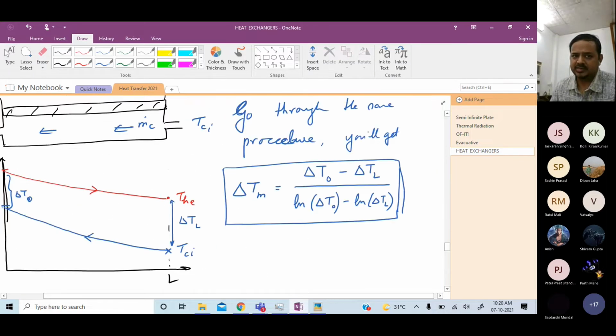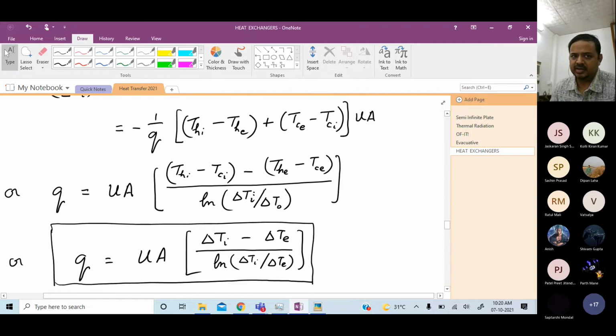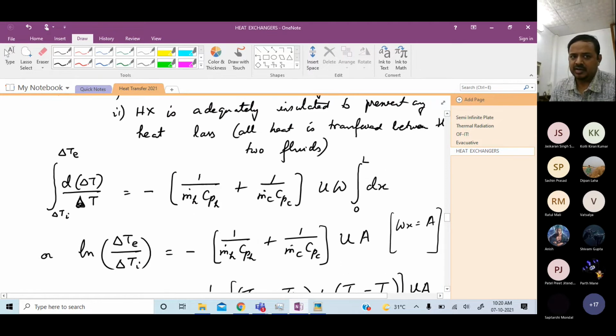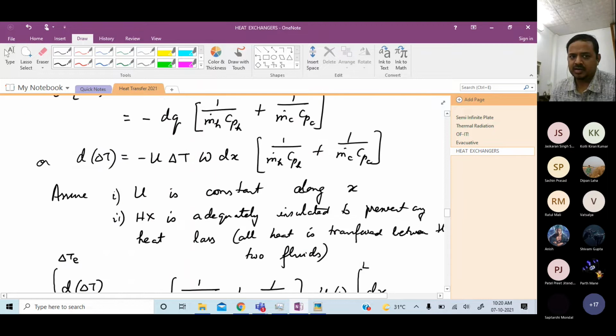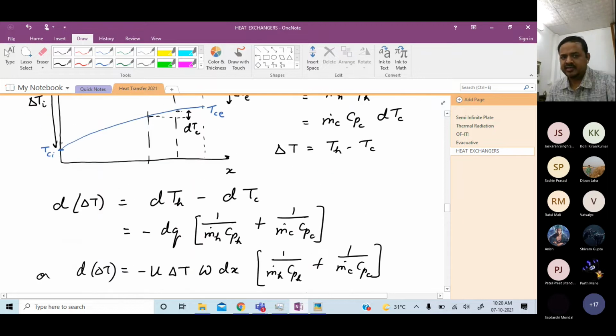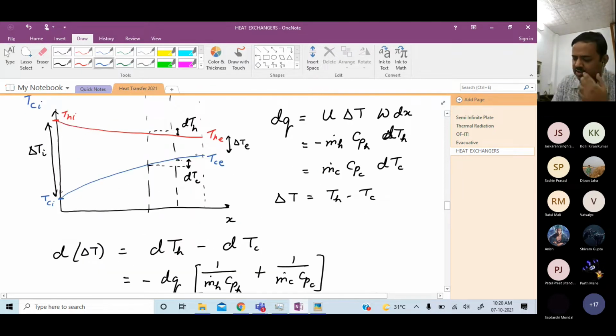So let us take that picture over here again. What is the worst that can happen? It is if the cold fluid has heated up and the hot fluid has cooled down to the same temperature. After that, there will be no heat exchange, right?